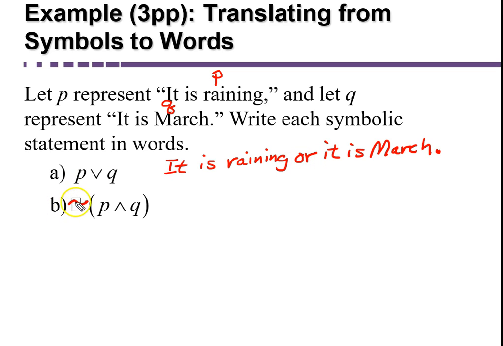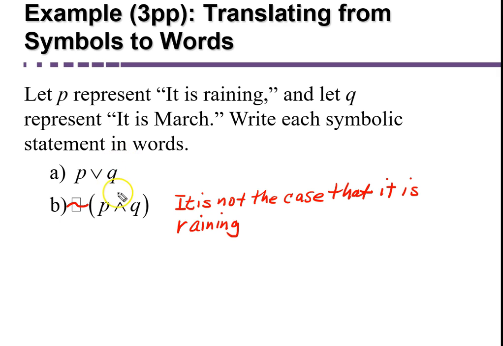Now for letter B, and you have to be careful because again that box shows up. I tried to get rid of it, I couldn't. So the red mark is the symbol for negation. It says negate this. So as we write the negation of this, it is not the case that, and then our P statement, it is raining.